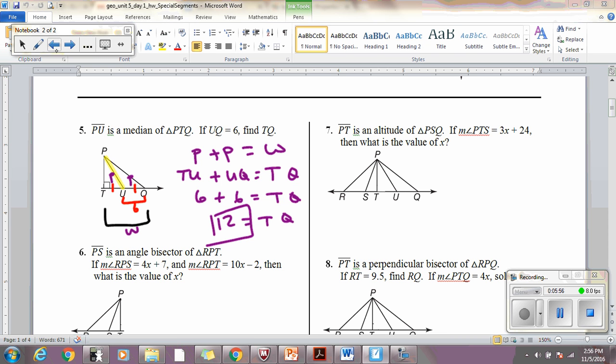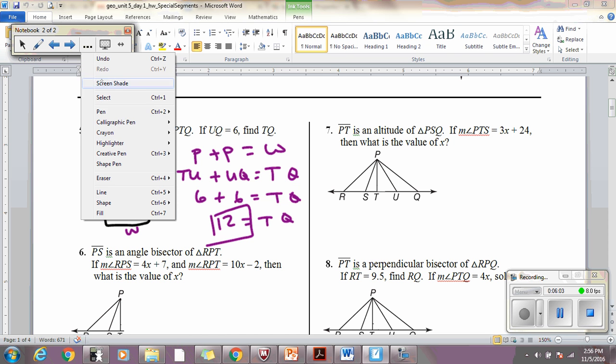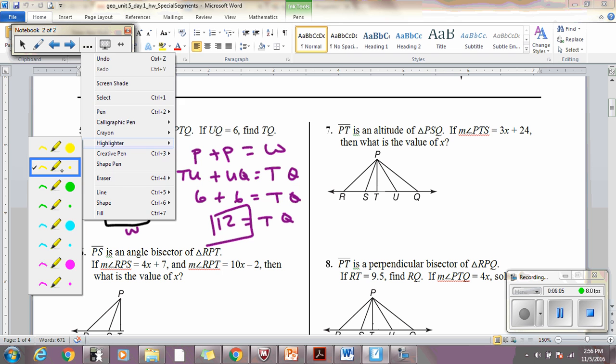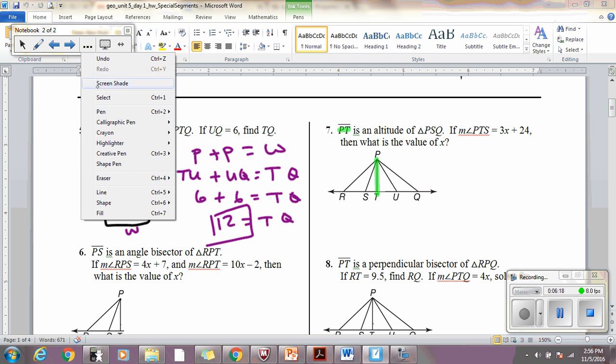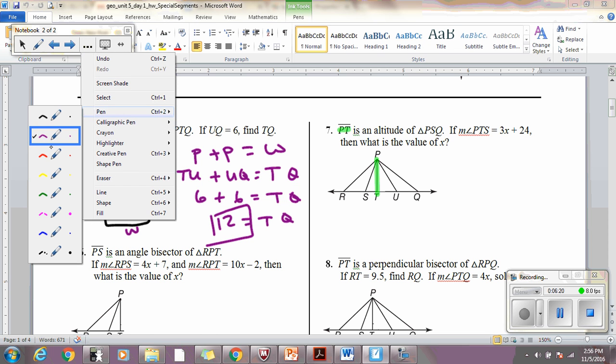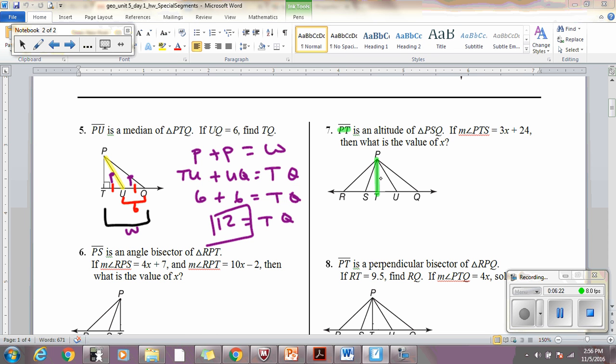Before I scroll down, let's go ahead and do number 7. Number 7 says that PT is an altitude, so let's highlight PT. An altitude must come from a vertex and it must be perpendicular, so let's draw our right angle box so we don't forget.